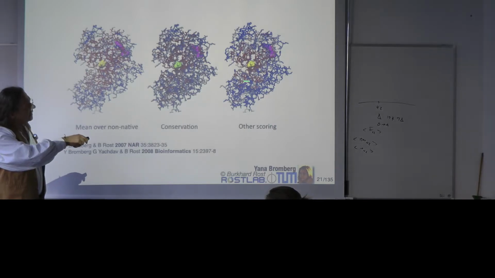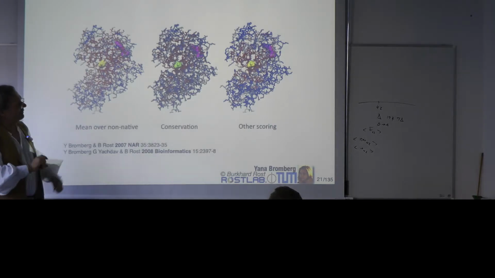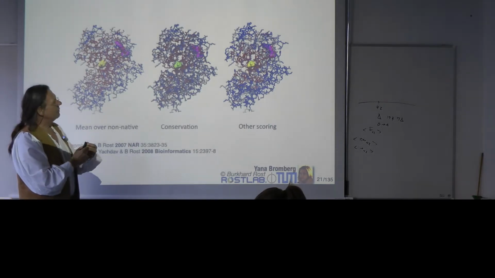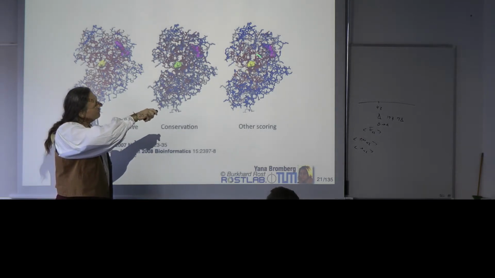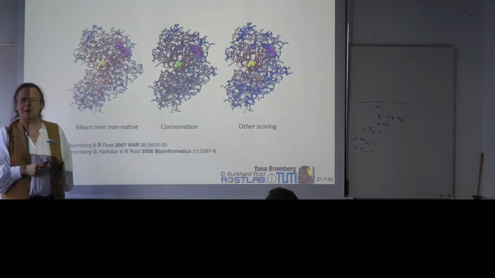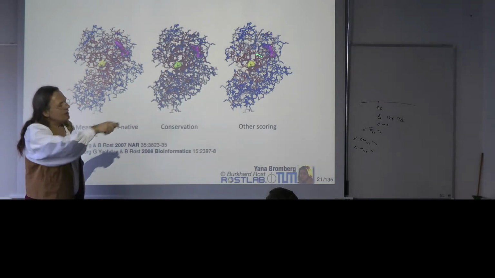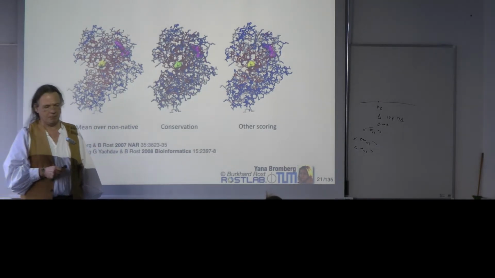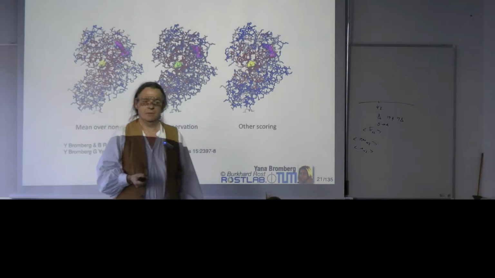Now, in my old version there was still a rotation, and you saw that the most red is really around the binding site. And the second most red is in fact around that binding site. It's more difficult to see. But there is a signal, and there's a strong signal.